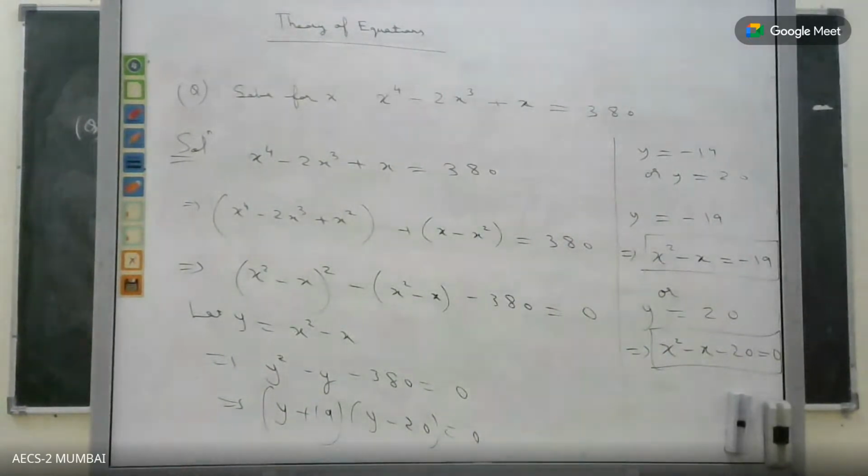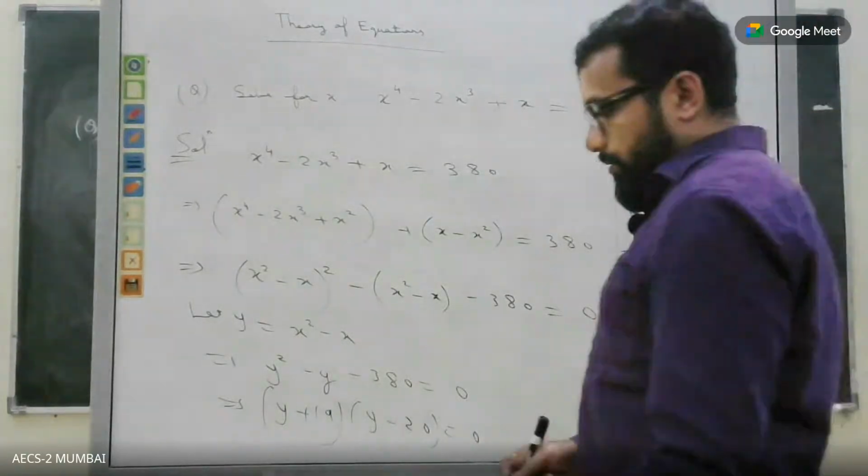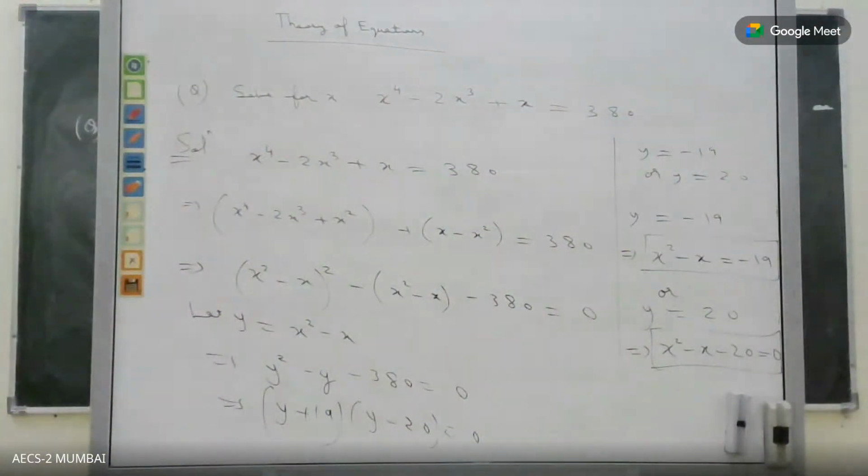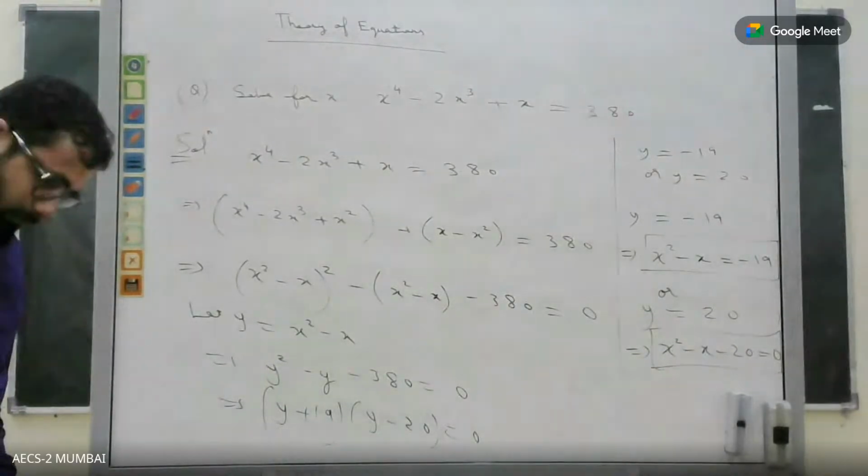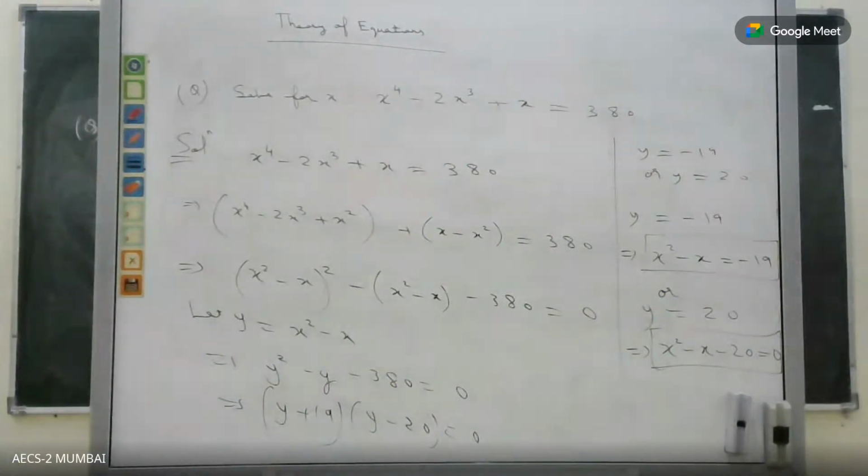We are trying to make it a quadratic by a change of variable, right? Is it clear?